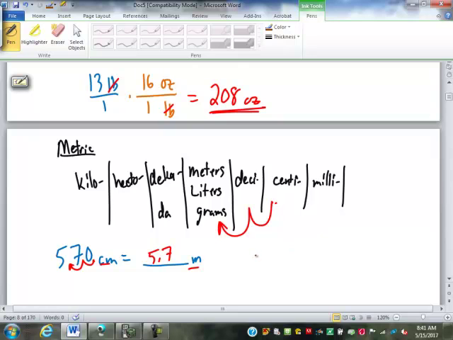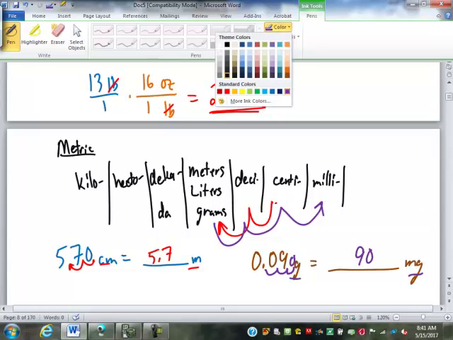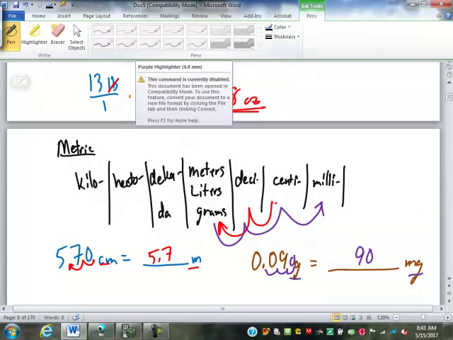If I have 0.09 grams, I want to know what that is in milligrams. From grams to milligrams is going 1, 2, 3 spots to the right. So my decimal point has to go 3 spots to the right. So I go 1, 2, to go to the third spot, I have to add a 0. So that is 90 milligrams. Any questions?